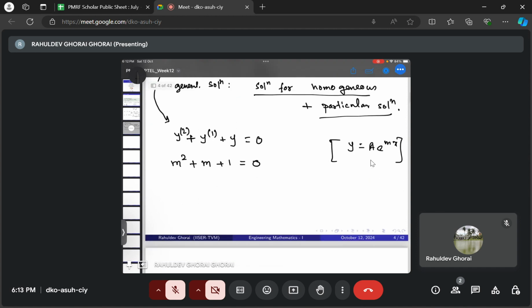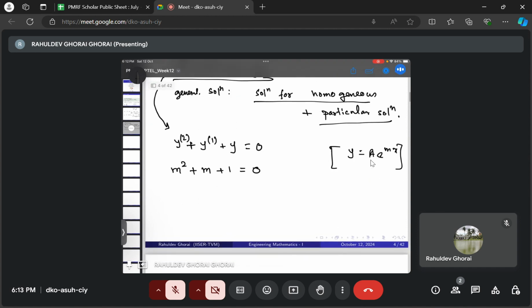So we solve this. In this case, m will be minus 1 plus minus square root of 1 minus 4 over 2, right? So minus 1 over 2 plus minus i square root 3 over 2, right?